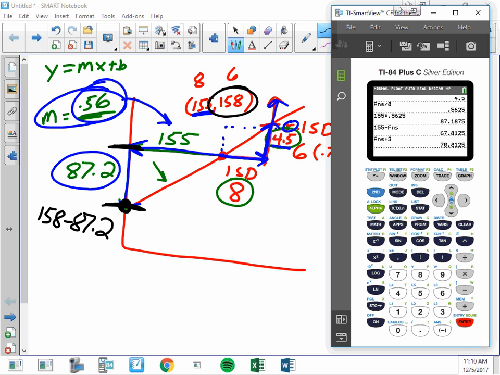That's the y-intercept. So my equation is y equals 0.5625x plus 70.8. That's fine. And you probably did 0.56 instead of 0.5625. That's okay. If you're off by a little bit, you're fine.